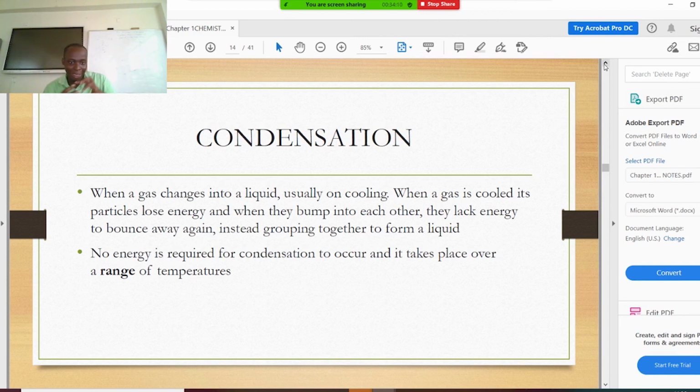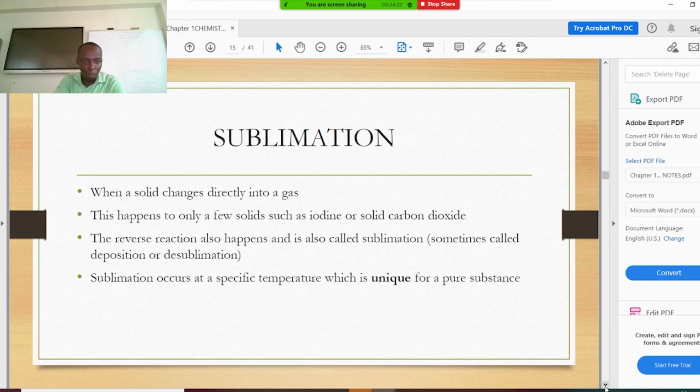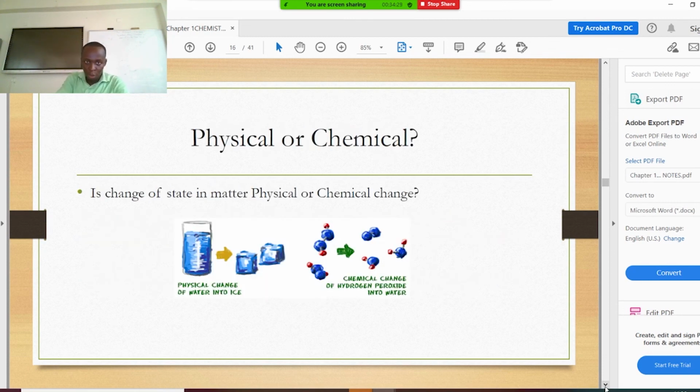That is, they get closer. They don't have enough energy to escape. And so they are easily turned into a liquid. And that is called condensation. And then, as I explained, sublimation is the direct change from solid into gas.